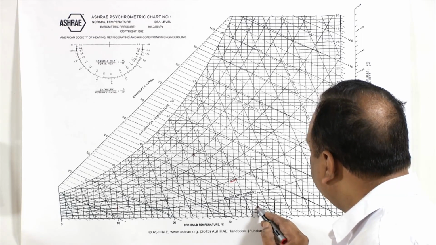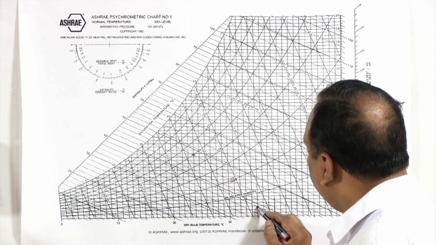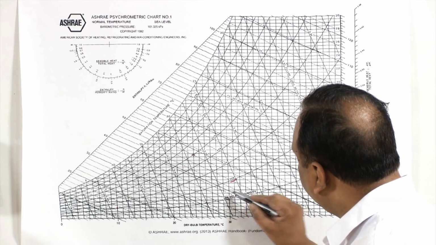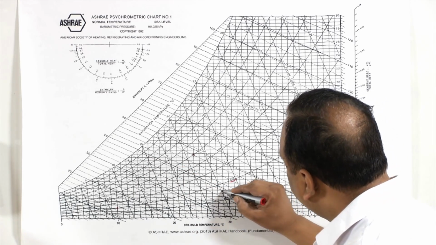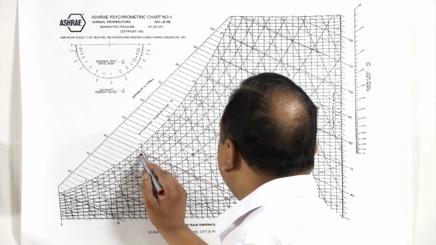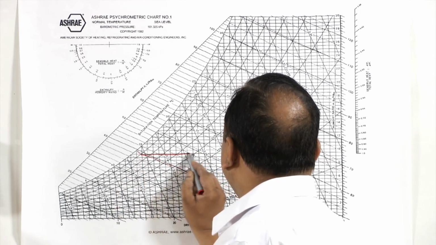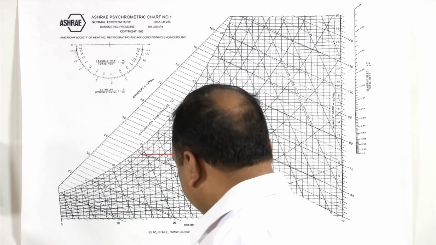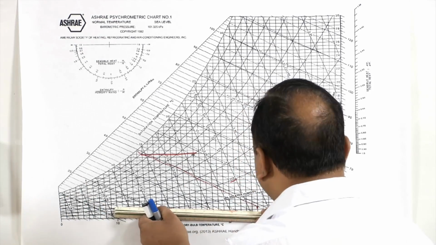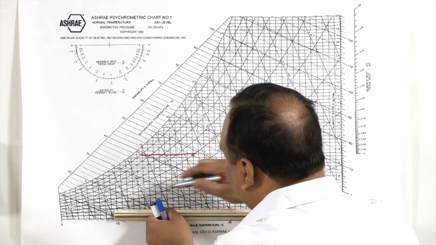And after heating to 35 degrees centigrade, evaporative cooling can be done. We will follow this constant wet bulb temperature line, and then from here the heating can be done, right? So, the entire process is like this.